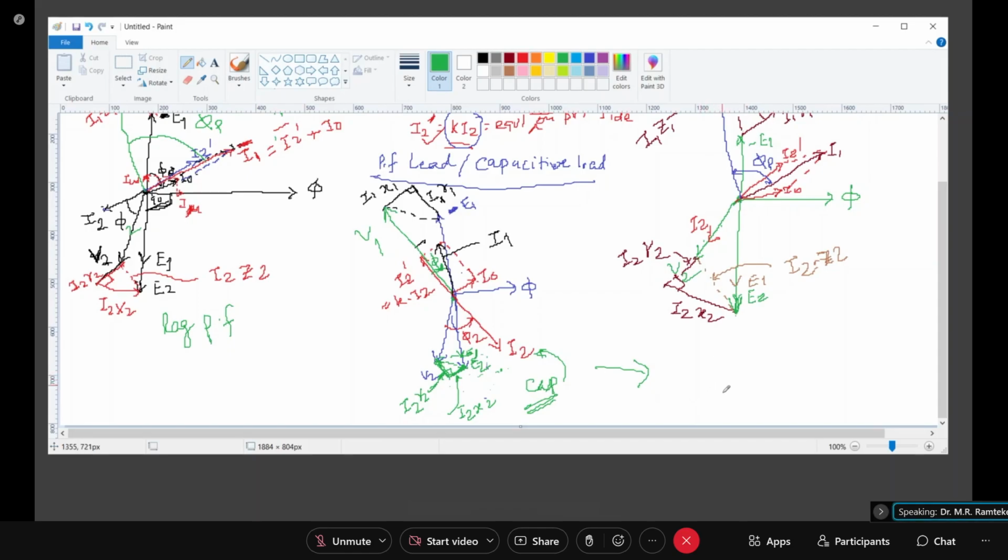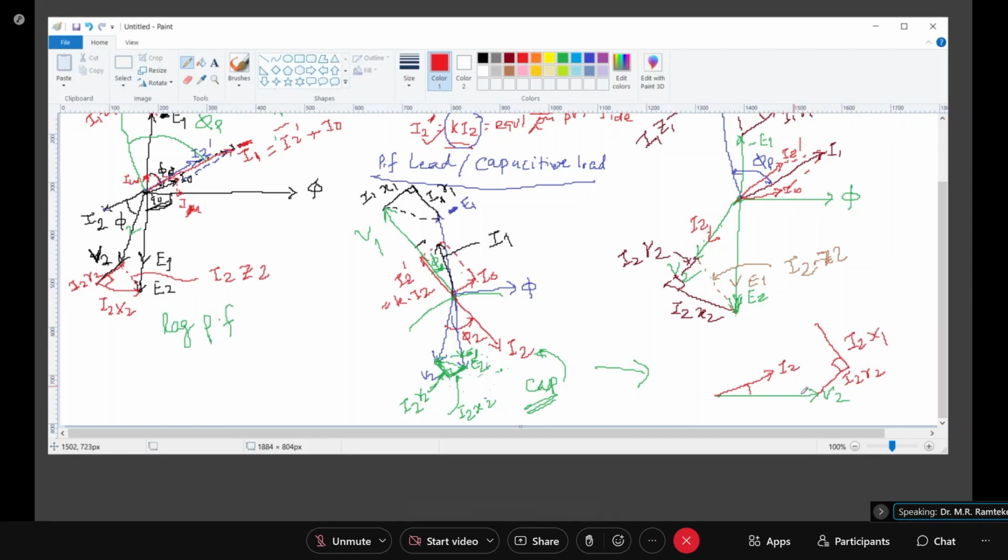Okay. So on the secondary, I can redraw this portion again in a simple way. See, this is my V2. Clear? I2 is leading. And to this V2, I will be adding I2 R2, and 90 degree to that will be the I2 X2 drop.